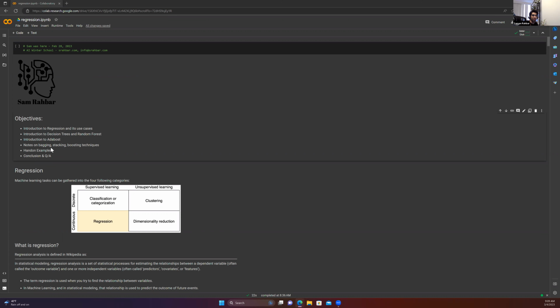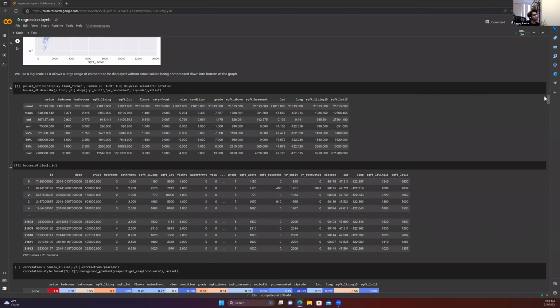I'll touch on some of the mathematical aspects, but I don't want you to get into a vicious loop of the math side without knowing how it's applied in real world applications. So my focus will be on the application of these algorithms, and I'll also talk about some of the mathematical theories behind them. Then we're going to talk about some hands-on examples, and we will have Q&A. I also have some assignments for you towards the end of this notebook.